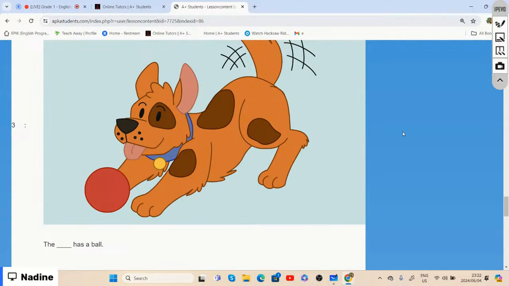So if we look at this picture, right, it says the has a ball.